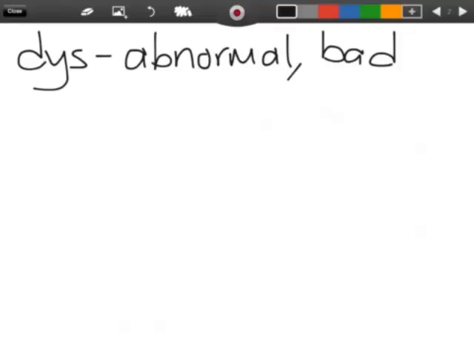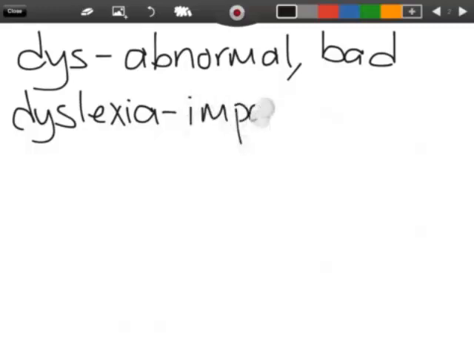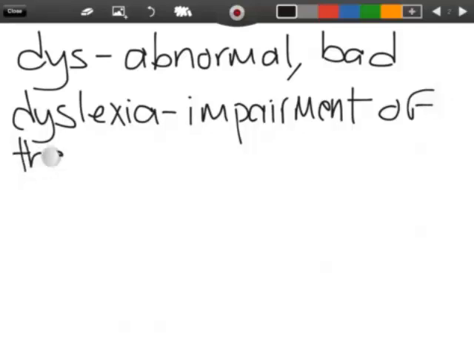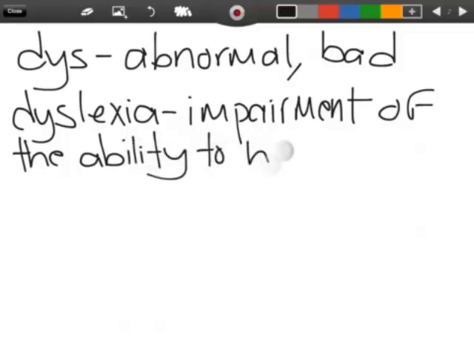I'm going to give you an example word right now, and that word is dyslexia, meaning impairment of the ability to handle words.